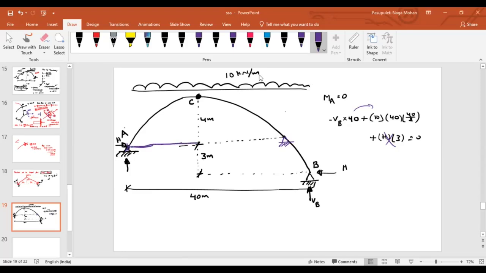What is the distance from here to here? Total is 40. Let us say this is C dash. Can you tell me what AC dash and C dash B are? If I add both, I know that I'll get 40. You got the point?